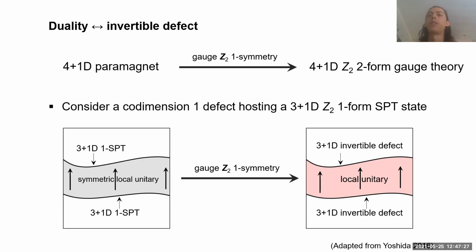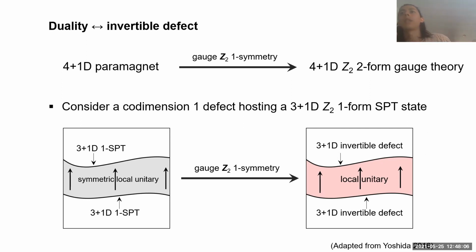And it turns out that the easiest way to understand this defect is in terms of the gauge theory interpretation of the model. So as I mentioned previously, this loop-only toric code can be understood as a Z2 two-form gauge theory, which essentially means that we can obtain it by starting with a 4D paramagnet with a Z2 one-form symmetry, and then gauging this Z2 one-form symmetry yields the 4D toric code model.